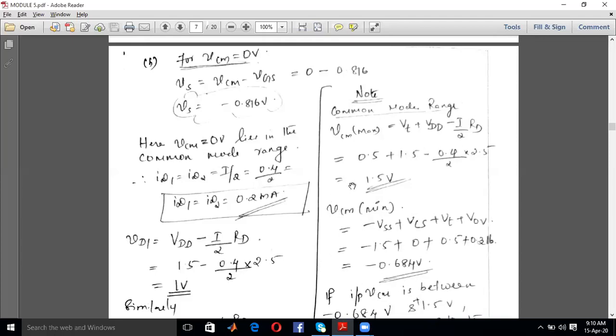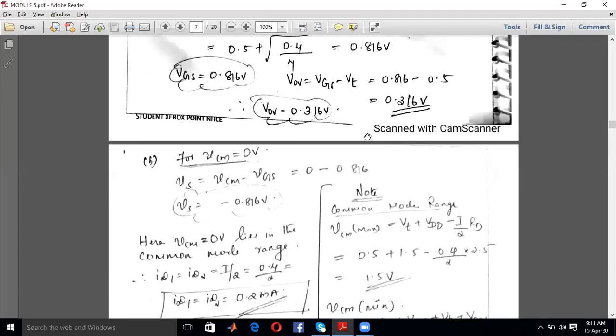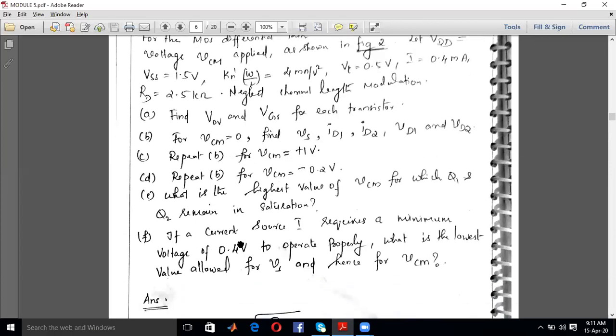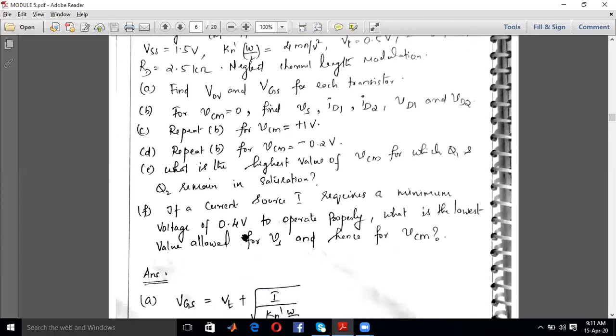See, while calculating VCM min, in that equation there is VCS. What is VCS? VCS is the voltage across a current source. So please take it as 0 volt, as it is not mentioned for the first question. See, here in the first question, it is not mentioned any VCS. Even in the common question also it is not given. Only for the last question it is mentioned like 0.4 volt.